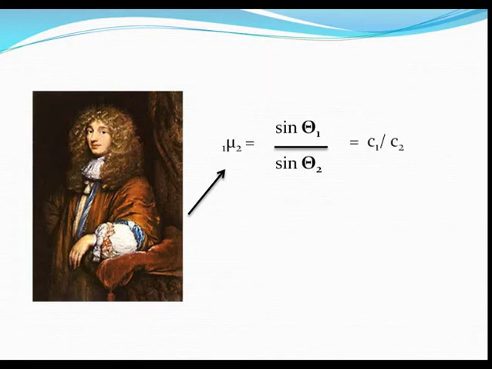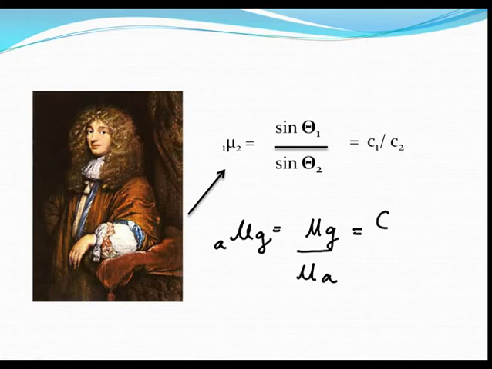You know that sine θ1 by sine θ2 is equal to the speed of light in medium 1 divided by the speed of light in medium 2. So what he found out was that, if we're talking about the refractive index of glass with respect to air, which is equal to the refractive index of glass divided by the refractive index of air, then this is also equal to the speed of light in air divided by the speed of light in glass. Isn't that interesting?